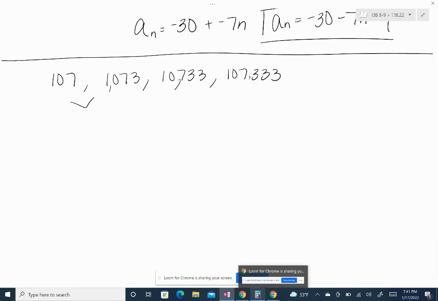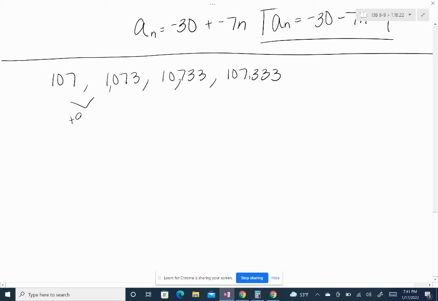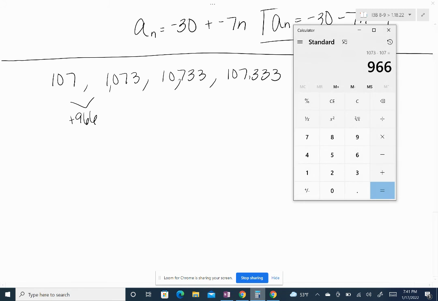So we're going to take these numbers, and it's going to be 1,073 minus 107. And so we added 966 to that number. Okay, now we're going to take our next number. So it's 10,733 minus 1,073. That gives me 9,660.